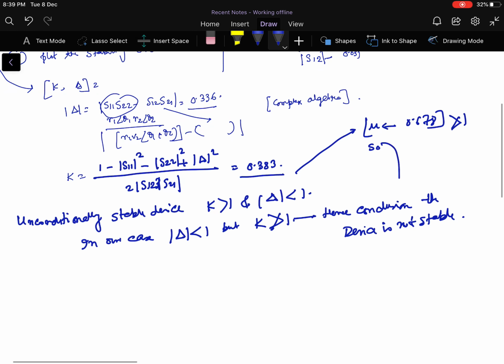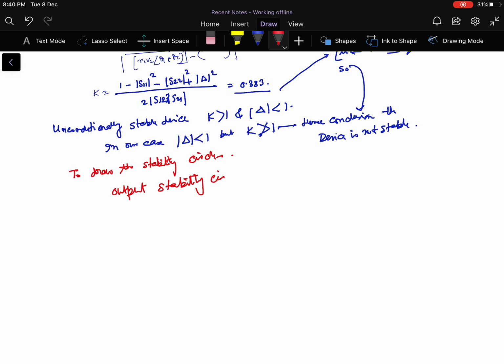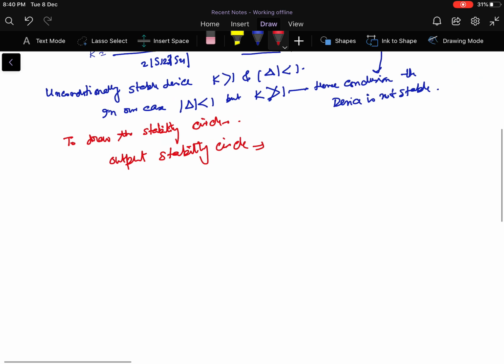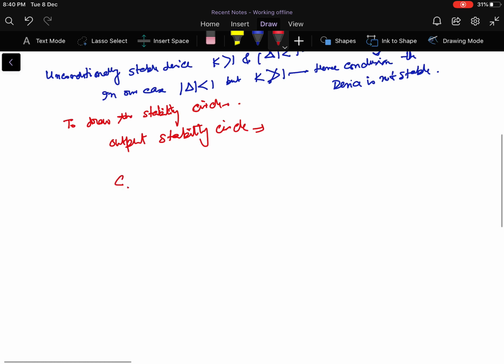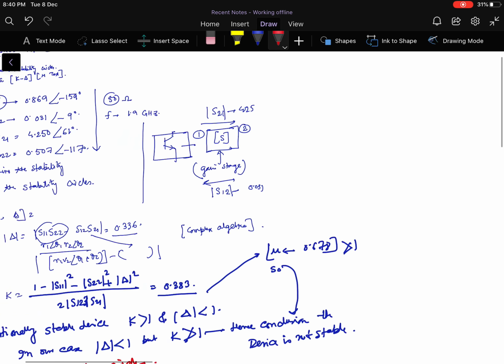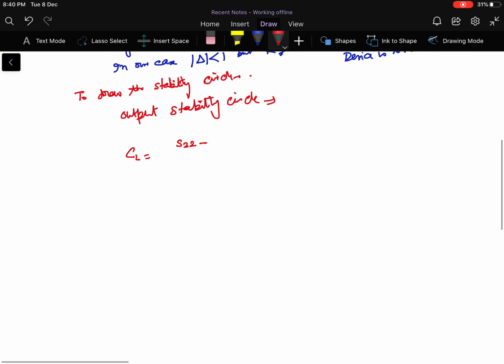To draw it, I need the formula for CL, which is S22 minus delta S11 star, whole star, divided by mod of S22 square minus mod of delta square.